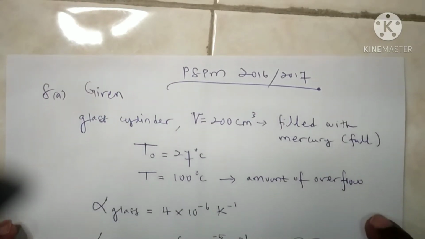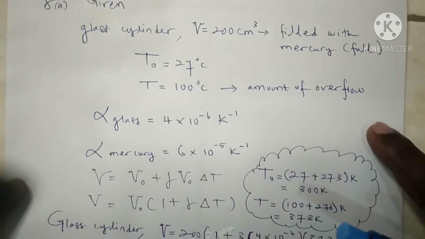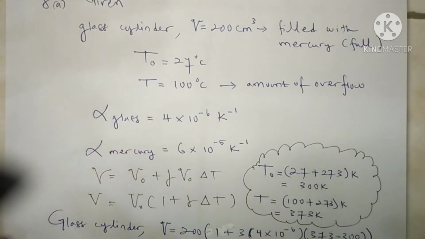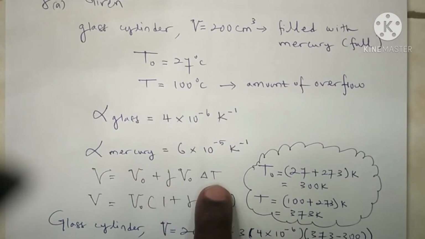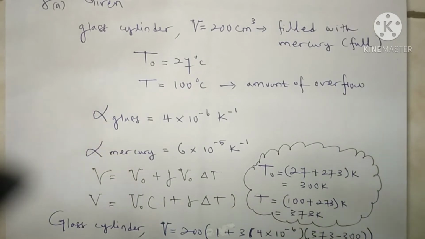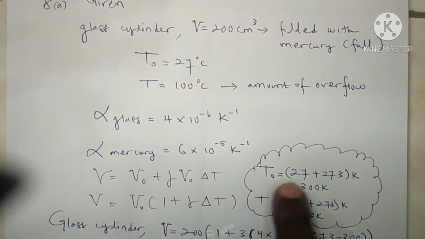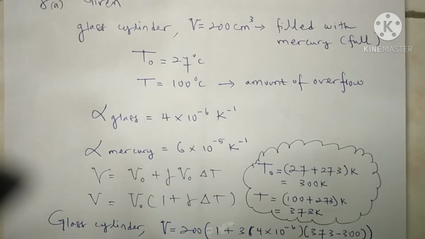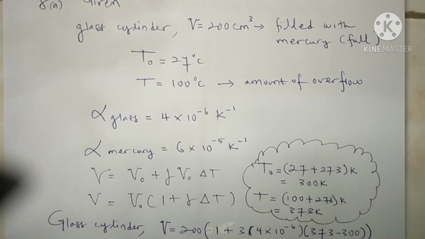So by using the formula V equals V naught plus coefficient of volume expansion times V naught times change in temperature, and gamma equals 3 alpha, and the unit for alpha is per Kelvin. So we convert the temperature into Kelvin, or you just leave it in degrees Celsius. It's going to give you the same answer.